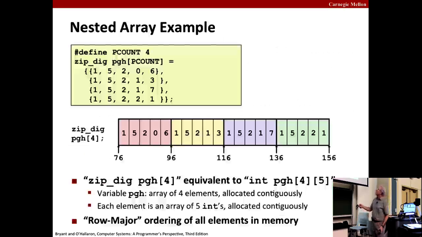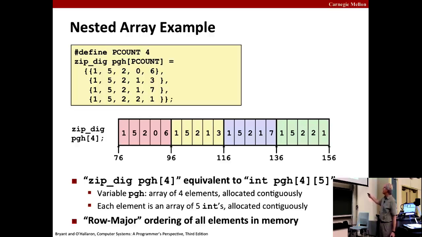So for example, if I wanted to extend my zipDig idea and introduce an array of 4 of these, I could declare it this way. And again, remember I used a typedef to declare zipDig. But if I were to expand this out, it would be as if I was declaring this array PGH to be 4 rows and 5 columns.